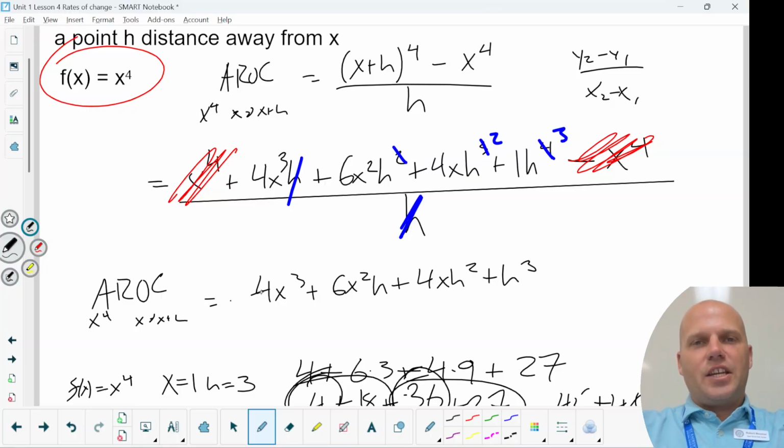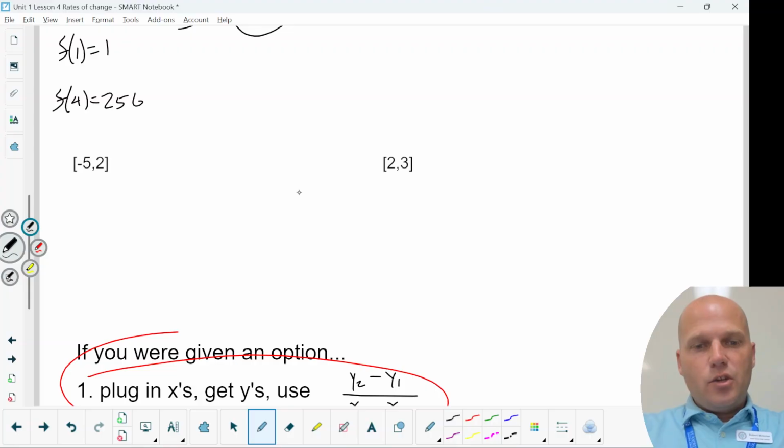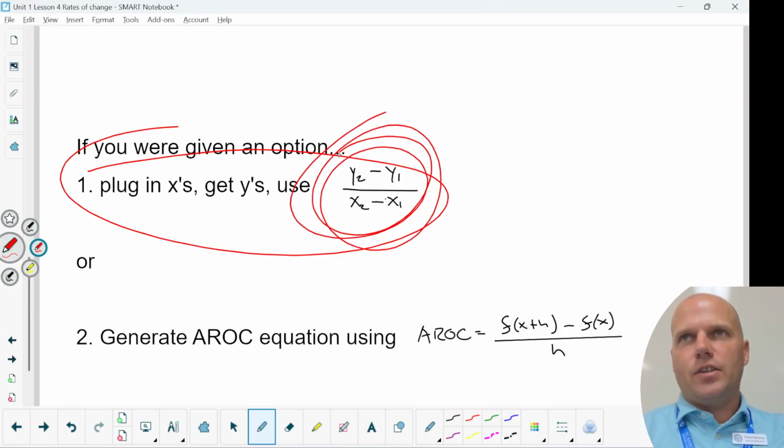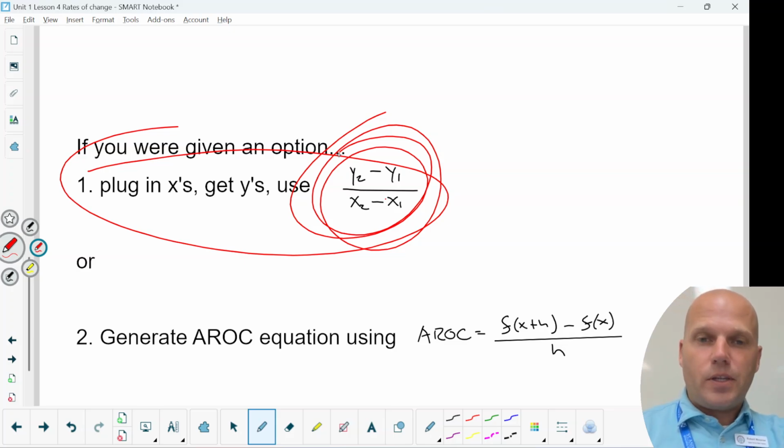But just letting you know that in reality, if I asked you to find an average rate of change, I'd probably want you to just plug in x's, get y's, and use this formula. However, formulas for rates of change exist. Sometimes they're extremely helpful, and sometimes they're extremely necessary. And you will see when they're extremely necessary starting in Unit 2. Okay? All right. Peace.